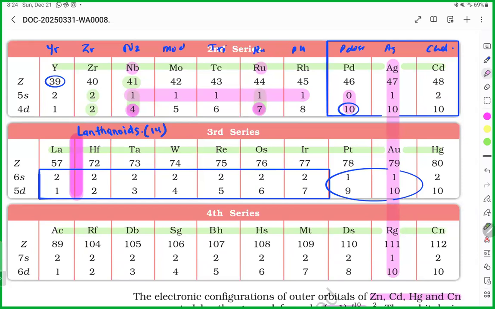Yes or no, guys? Yes, sir. Because 4d has so many exceptions, even JEE people know you will make mistakes in the 4d orbital. Understood?